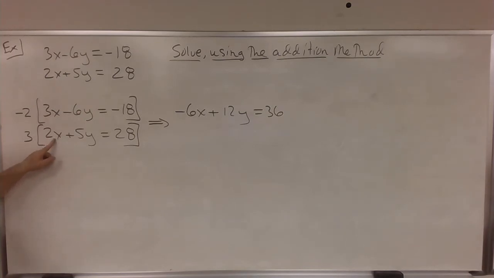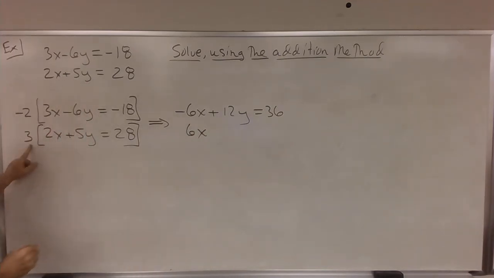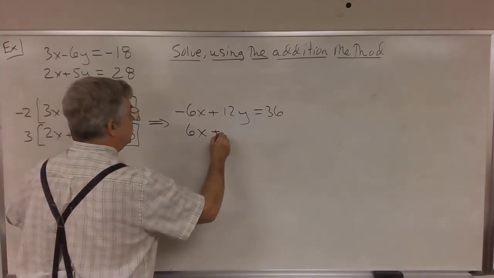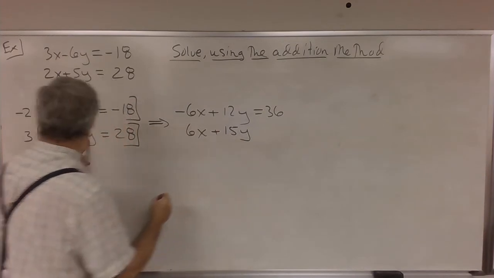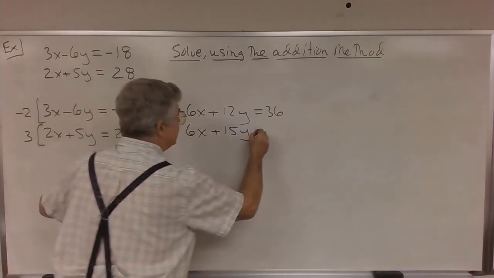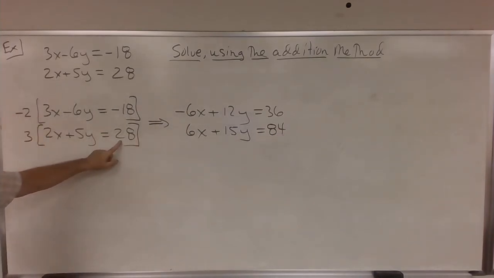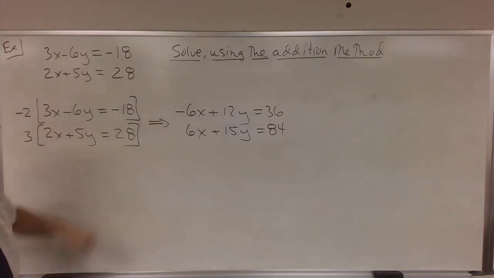Okay, 3 times 2x is 6x. 3 times 5y is 15y. 3 times 28, holy moly, 84 maybe? Let's see, 3 times 20 is 60, 3 times 8 is 24. Okay, I am convinced.